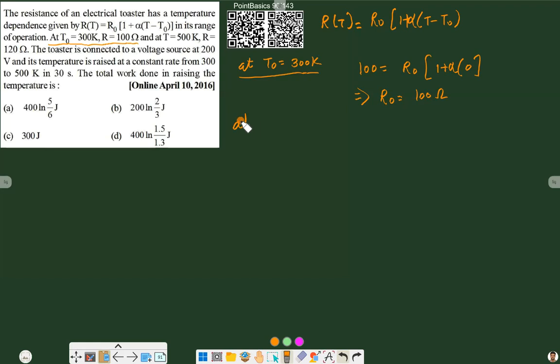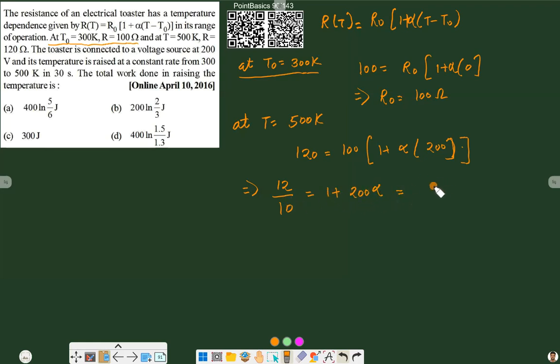Now at T equal to 500 Kelvin, resistance is 120, so R is 120, and R naught we just solved, that is 100, times 1 plus alpha times 500 minus T naught, that is 300 as mentioned in the question. 500 minus 300 will be 200, and this will be 12 by 10 is equal to 1 plus 200 times alpha.